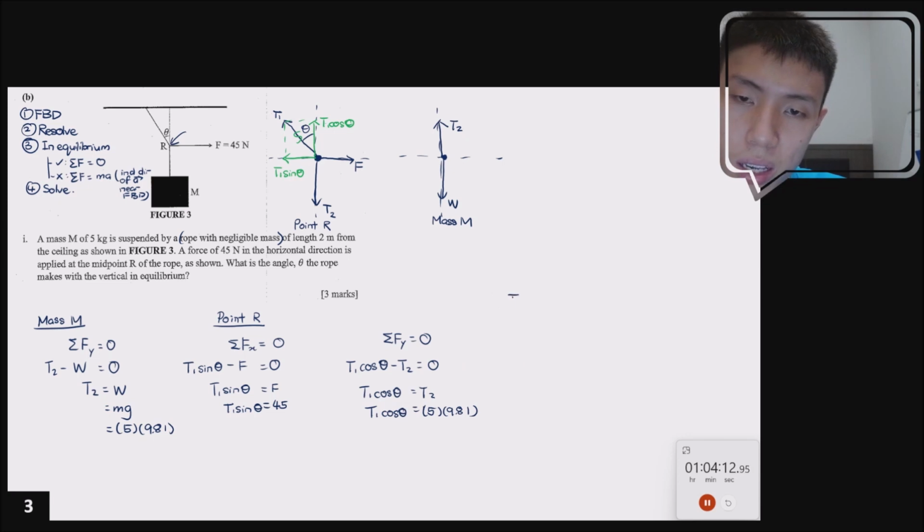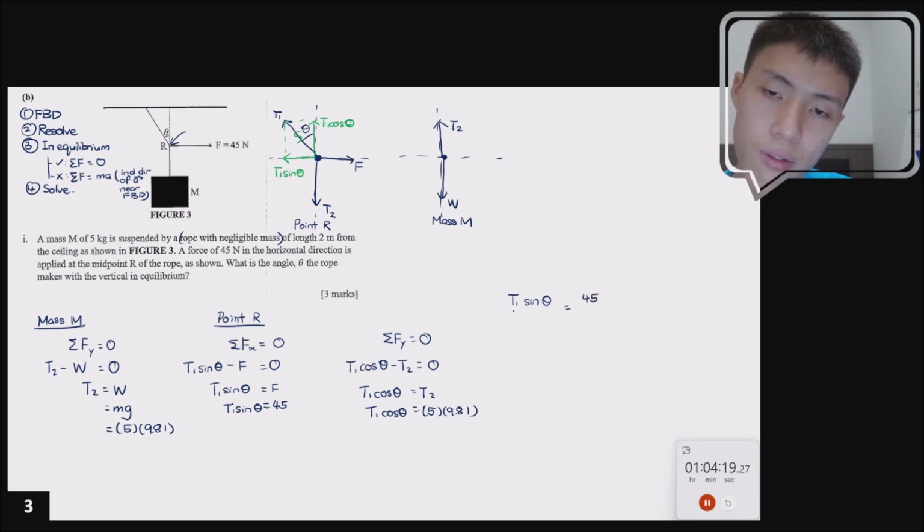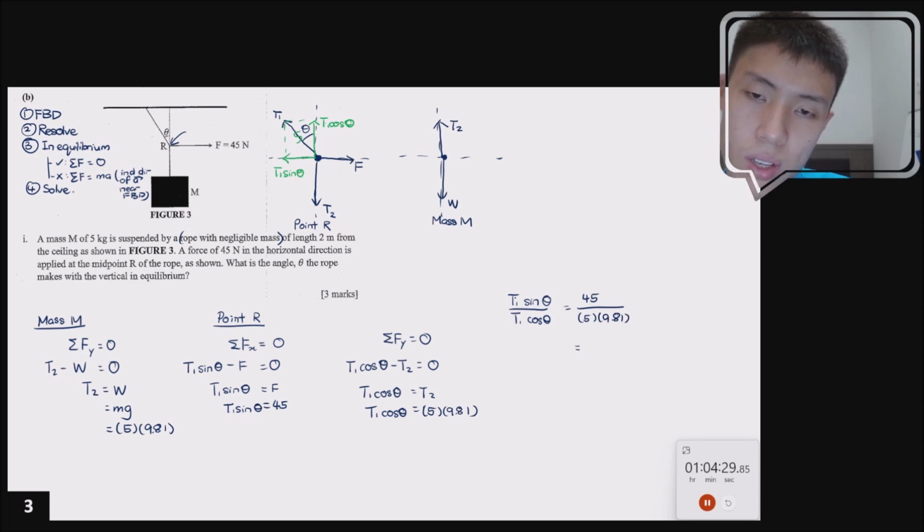So T1 sine theta is equal to 45, divided by T1 cos theta is equal to 5 times 9.81. So now we know that T1 will cancel each other out. Sine divided by cos is just tangent theta, which is equal to 45 divided by 49.05.